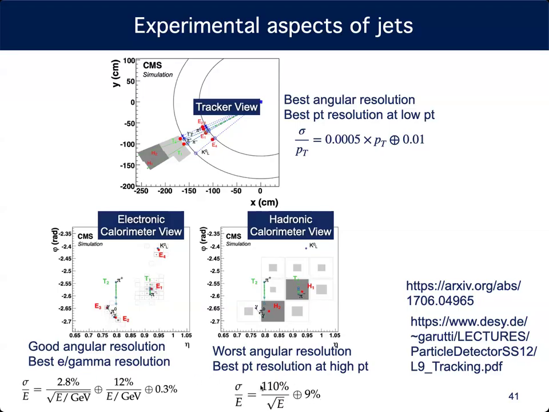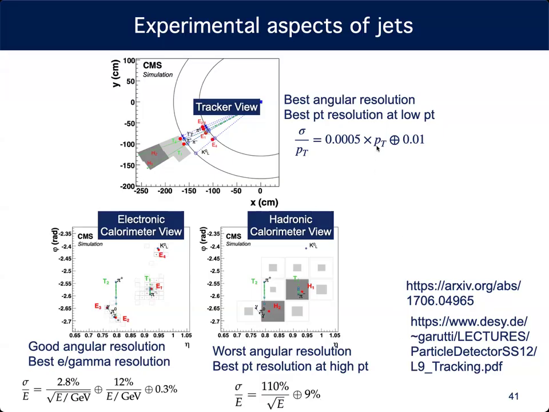So you can play around with this. If something is massless, the energy and the momentum are more or less the same, and you can play around with which part has the most sensitivity. You can kind of see below, let's say 20 GeV or something, it's tracking. And above, let's say 50 GeV, it's usually calorimetry.